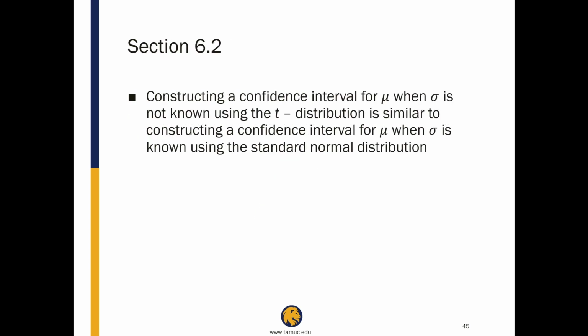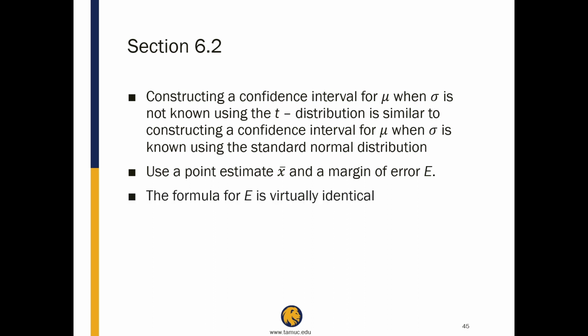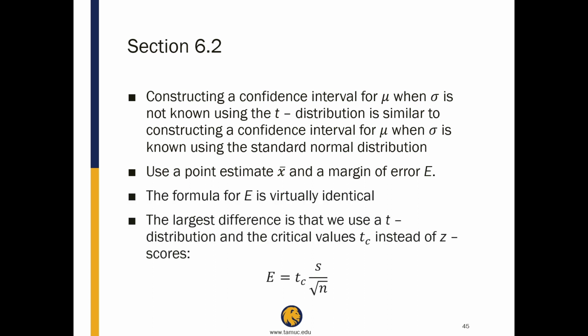So constructing a confidence interval for mu when sigma is not known using the t-distribution is very similar to constructing the confidence interval for mu when sigma is known using the standard normal distribution. We start with a point estimate using x bar and a margin of error E. The formula for E is virtually identical.